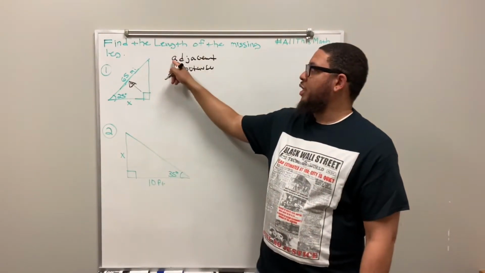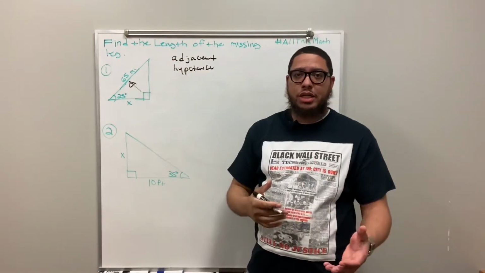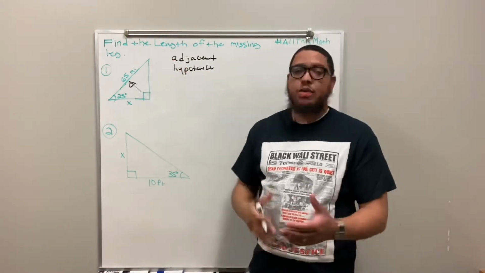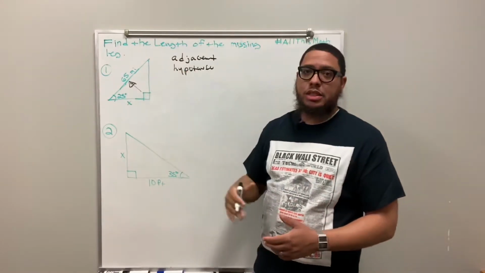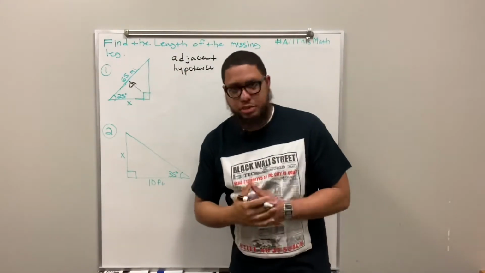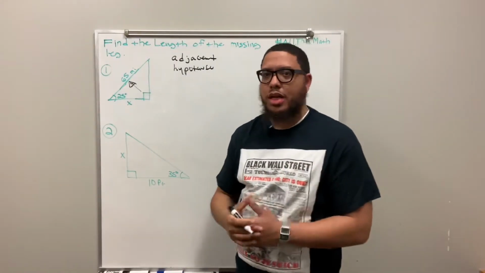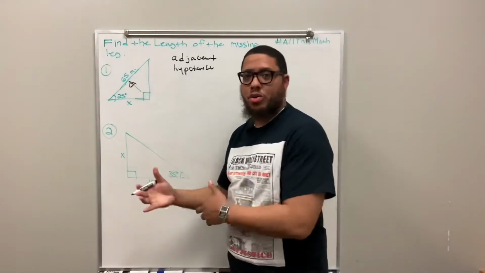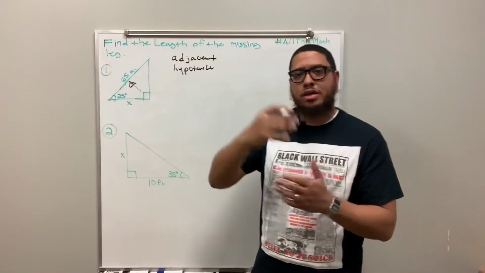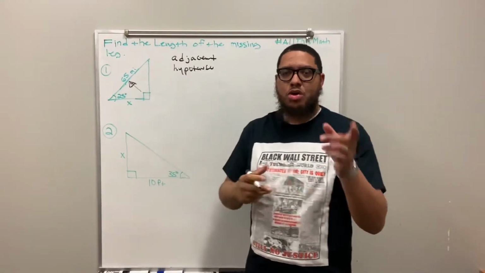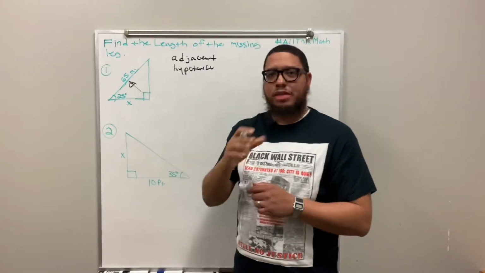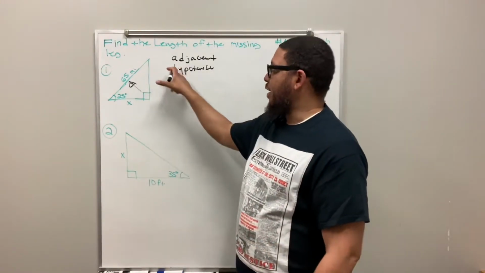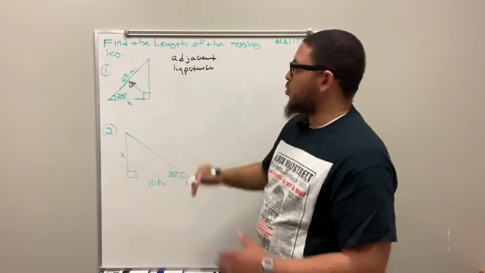If we know the adjacent leg or we're trying to find the adjacent leg and we know the hypotenuse, if we either know or we're trying to figure out these two pieces of information, then we're going to use the cosine function. And that's the CAH part of SOH-CAH-TOA. CAH, C-A-H, right? Cosine equals adjacent, that's the A, divided by hypotenuse, that's the H, all right?